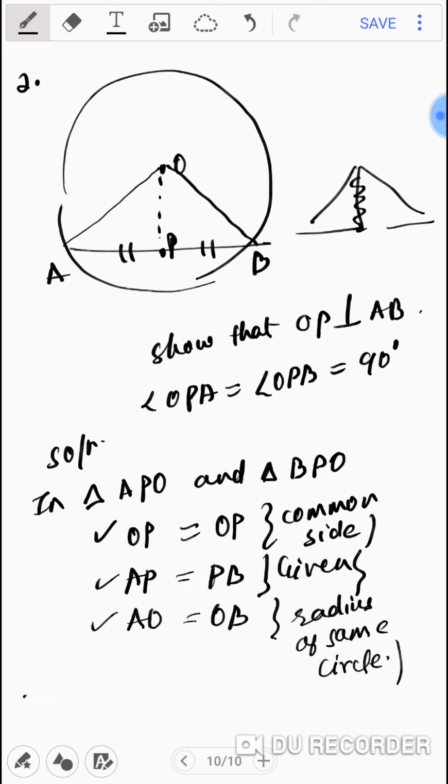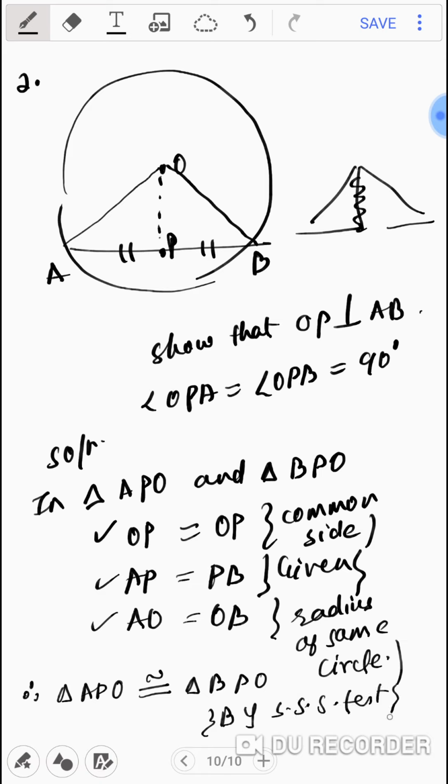So in this way we can say that triangle APO is congruent to triangle BPO. By which test? We have taken 3 sides, so that will be side, side, side test. Once you got the congruency, as I said you can take any part equal to any part. So as per the requirement, I will take angle OPA equal to OPB.